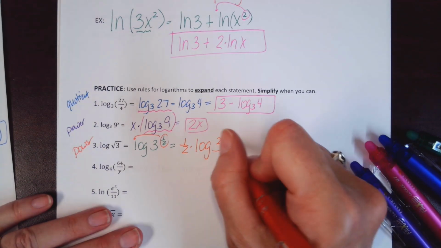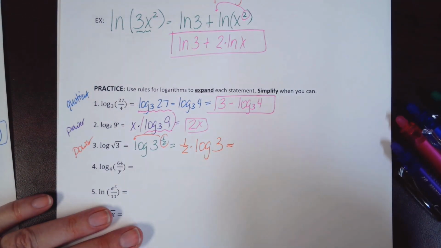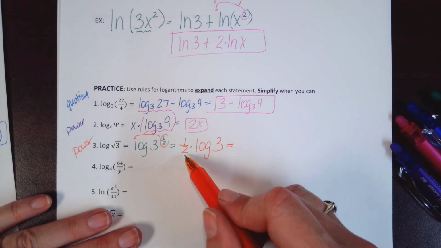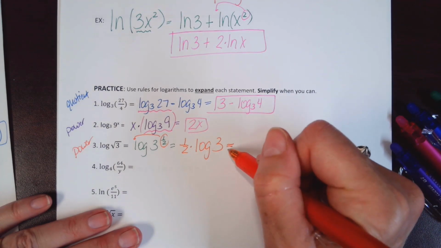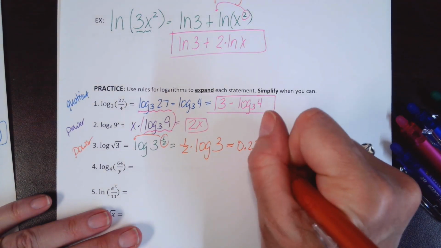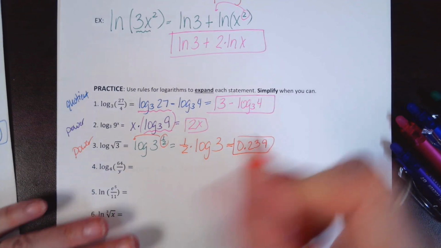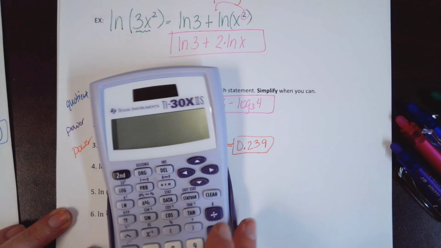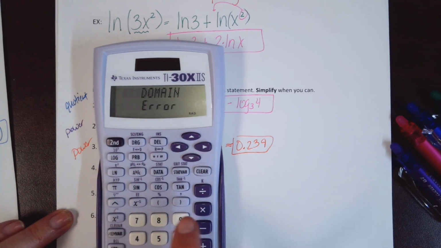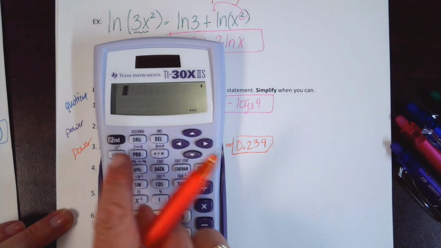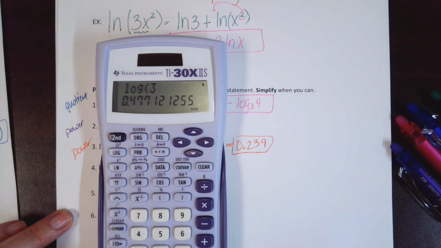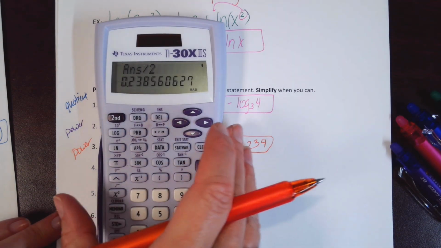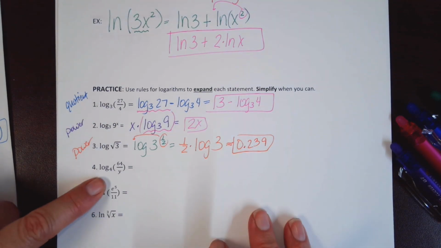If you plug this into your calculator and round it to 3 decimal places, it should come out to be 0.239. That's the common log of 3 times 1/2 or divided by 2. There we go.